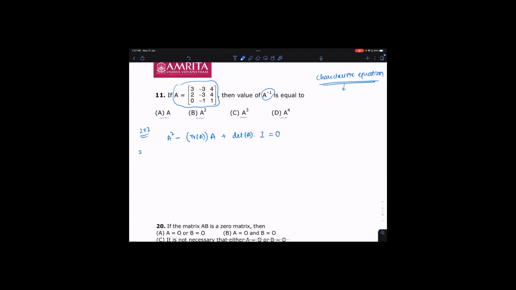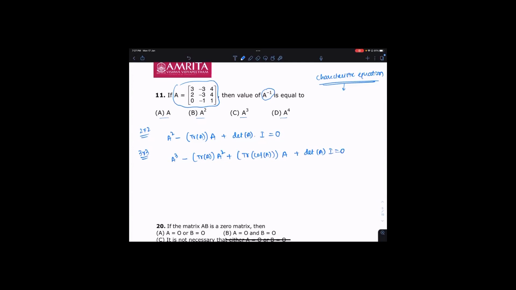For a 3 by 3 matrix, it is A cube minus trace of A into A square plus trace of cofactor matrix, I will explain what is trace of cofactor matrix, plus det of A into I. You just need to know this.